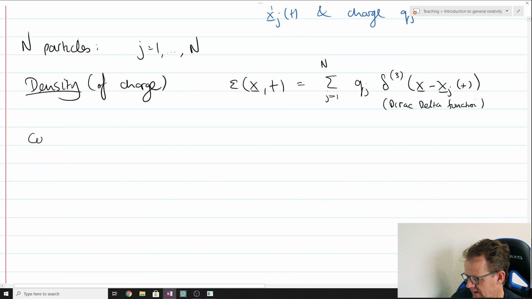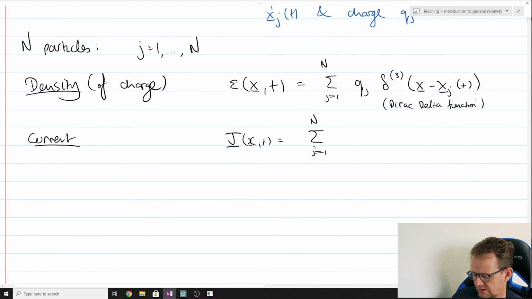Now, where are these particles going, or where is the charge going? To answer that question, we introduce the current, which is a 3 vector. And this current is also a sum of delta functions.